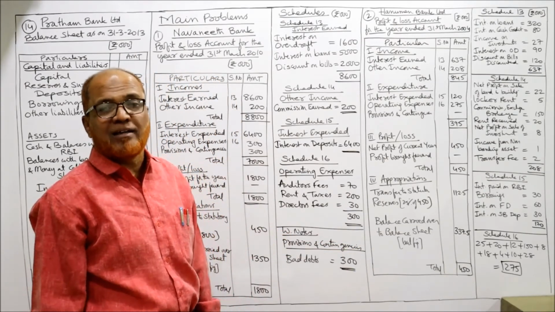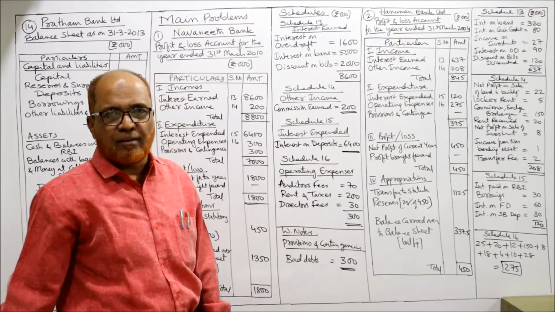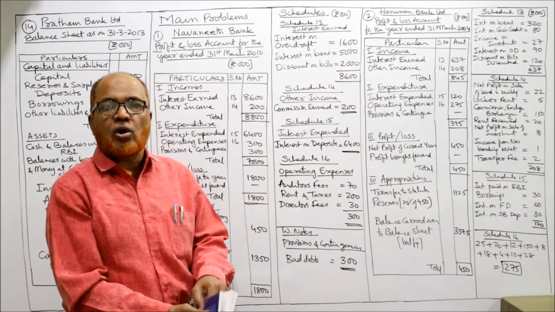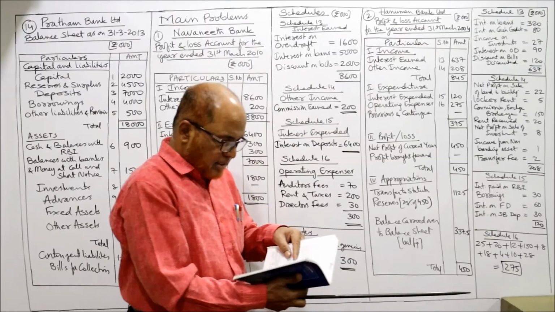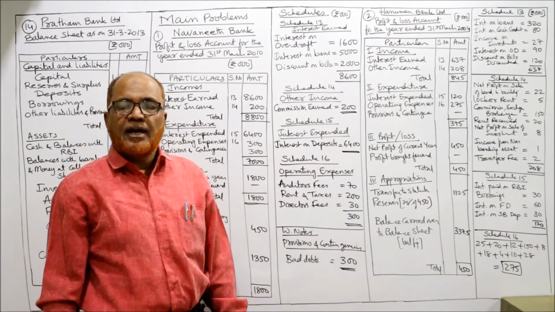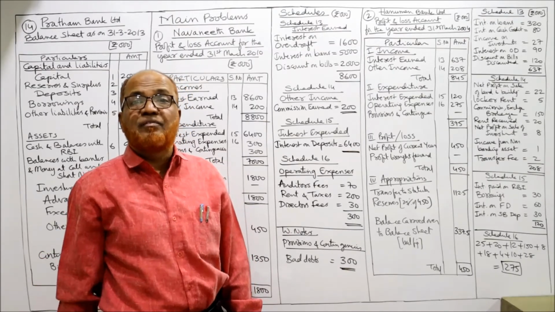You should not do like this. Due to lack of space, that's why I've done. So 25 is the PF contribution. Depreciation on building, same operating expenses, 20. Then interest on fixed deposit, interest paid, interest expended, 15th schedule.